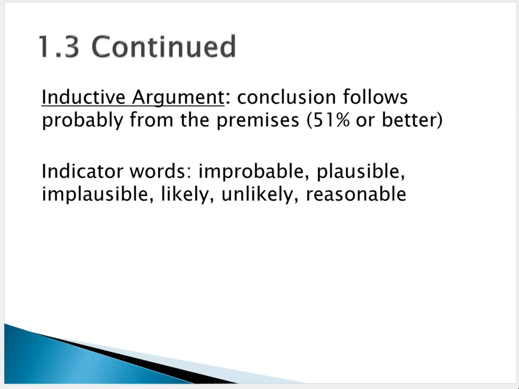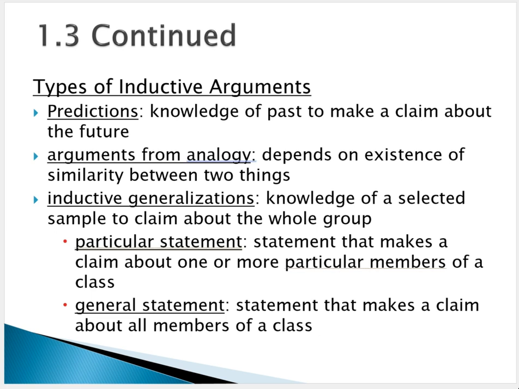Sometimes they're opinions, sometimes it's just a statement that the statistical probability is this. These are all types of inductive arguments. Predictions, where you can make predictions about the future based on the past. Arguments from analogy, which depend a lot on the existence of similarity between the two things that you're talking about.